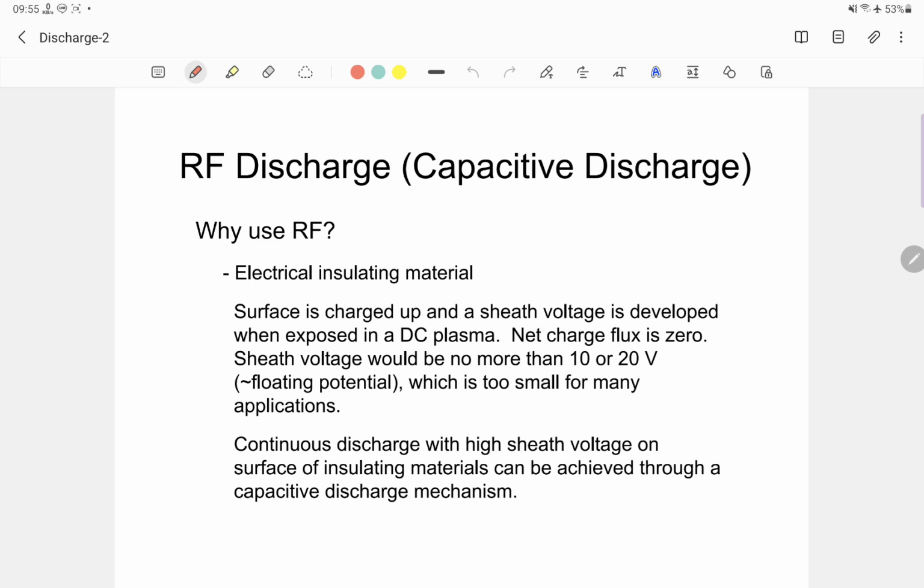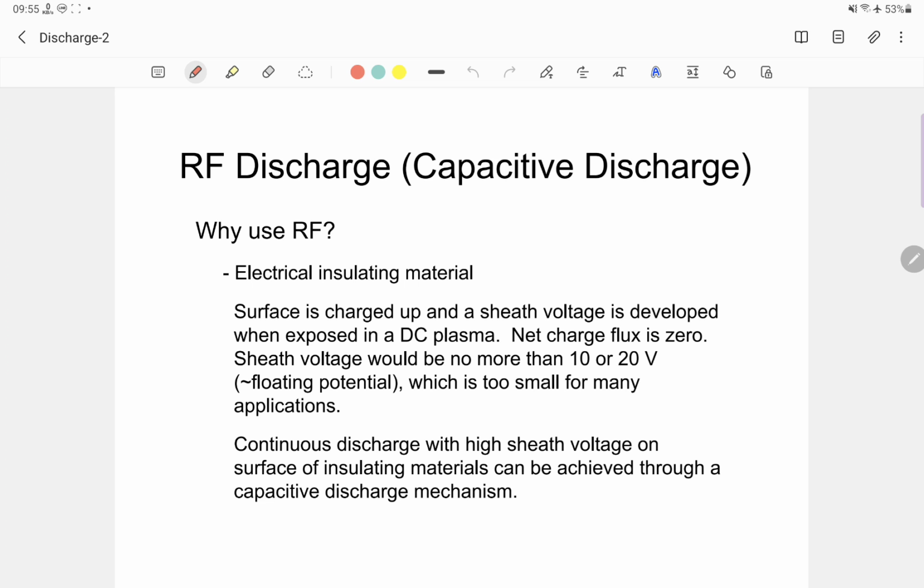Thermal plasma can be used in different applications, for example, to melt metals or to fuse different parts of materials together.